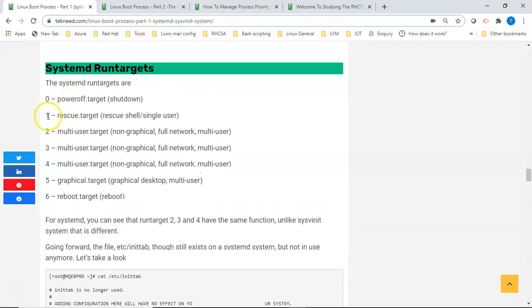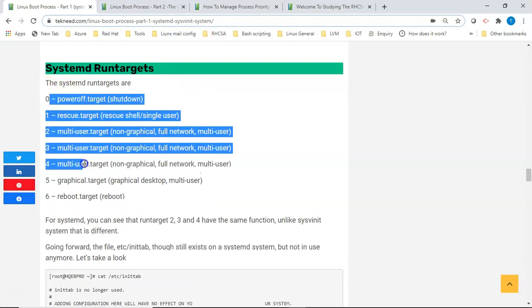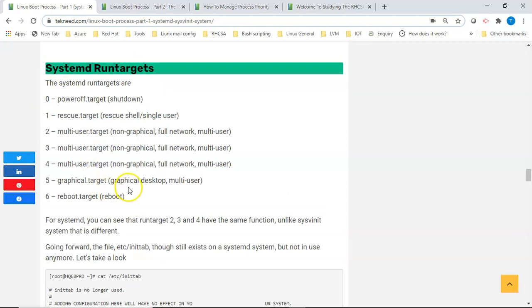These run targets are very important, and the default run target that your system should be set to, most times, especially in an enterprise environment, is the 5th mode. It depends on the environment you're working in, and sometimes when you want to do some troubleshooting, you can change the mode from the 5th mode to either the 1st mode, which is the rescue mode, or the 2nd mode, depending on what you want to do.